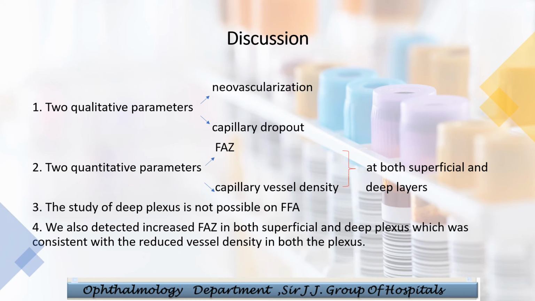Two qualitative parameters were taken, neovascularization and capillary dropout, and two quantitative parameters were taken, foveal avascular zone and capillary vessel density, at both superficial as well as deep layers. We again want to highlight that the study of deep plexus is not possible in fundus fluorescein angiography. We also detected increased foveal avascular zone in both superficial as well as deep plexus, which was consistent with the reduced vessel density found in both plexuses.